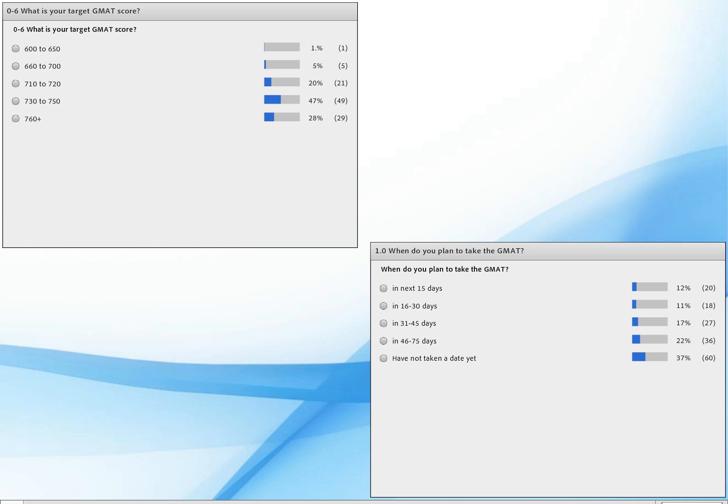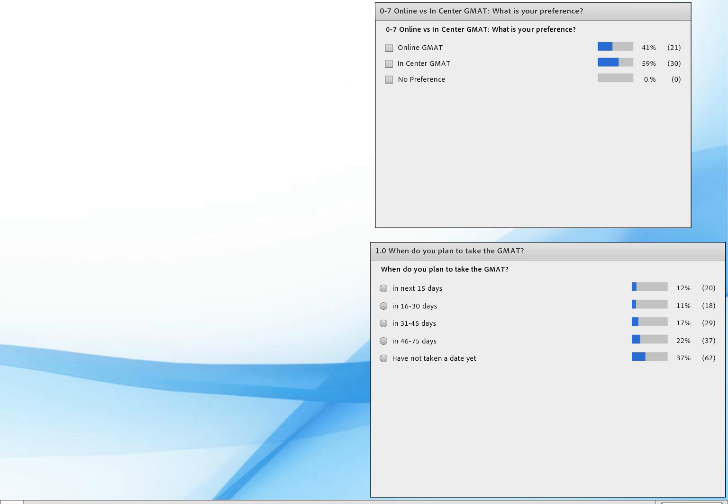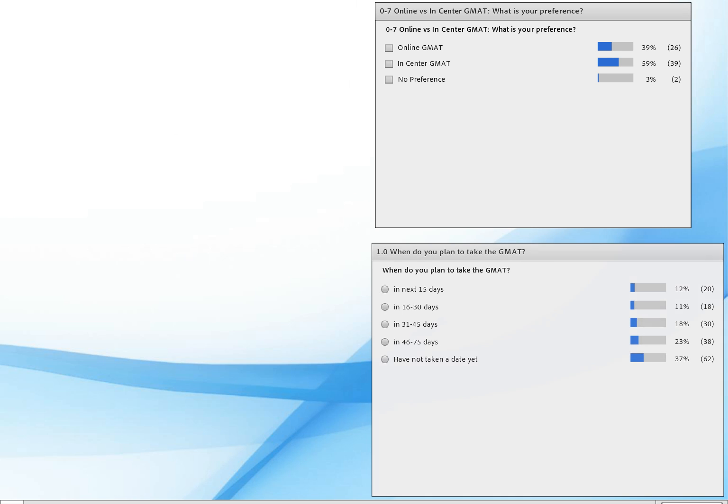Okay, let's add one other data point, which is, where do you plan to take the test? Do you plan to take the online GMAT, which is now called the enhanced online GMAT, or do you plan to take the in-center test? Let me hide these because we've already discussed these.